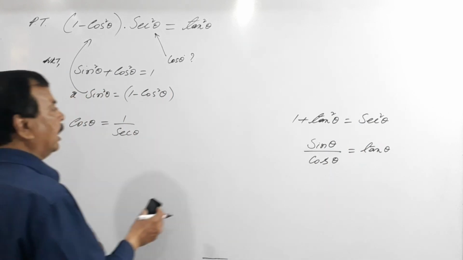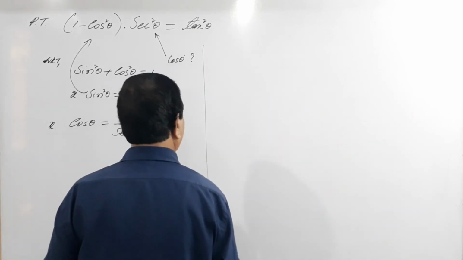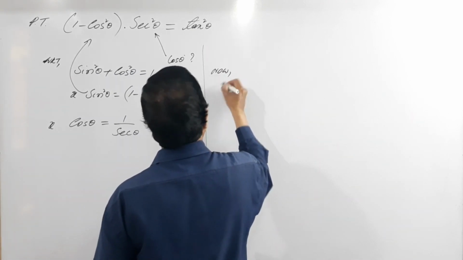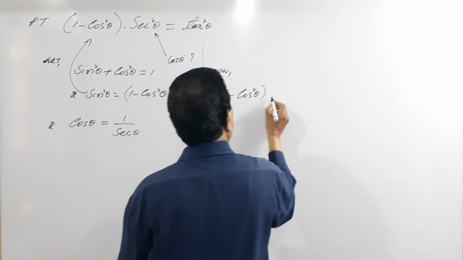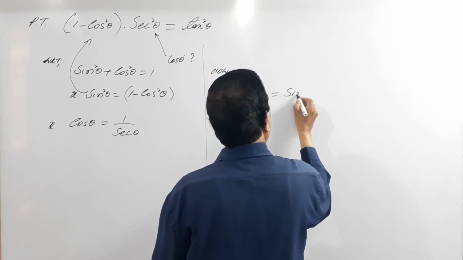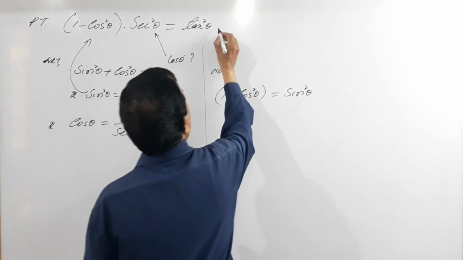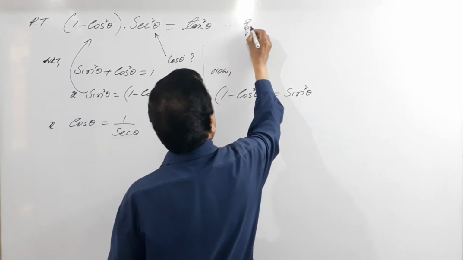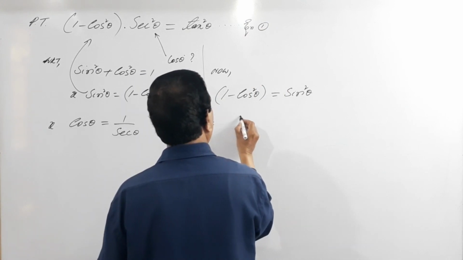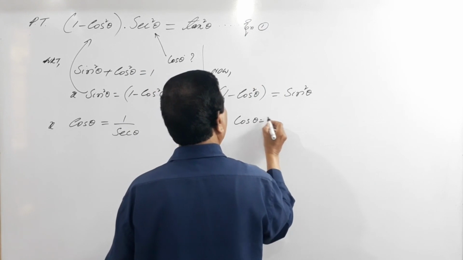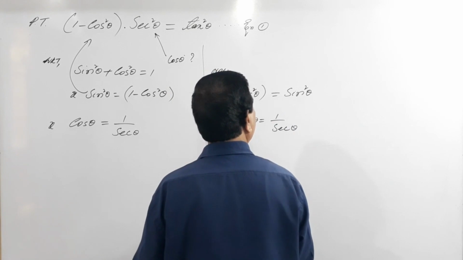So with this I will try to solve now. Now 1 minus cos square theta equals to sin square theta. I call this as equation 1, and cos theta equals to 1 by secant theta, isn't it?